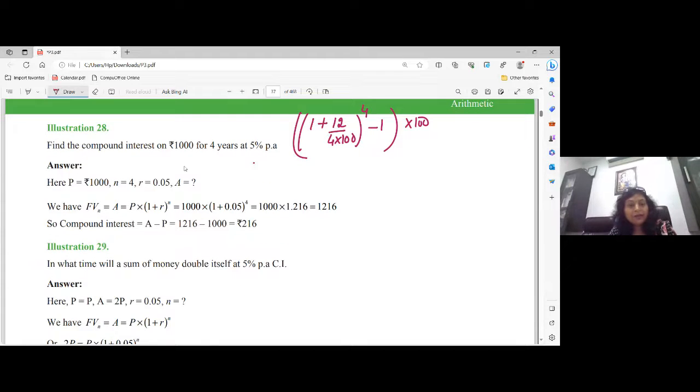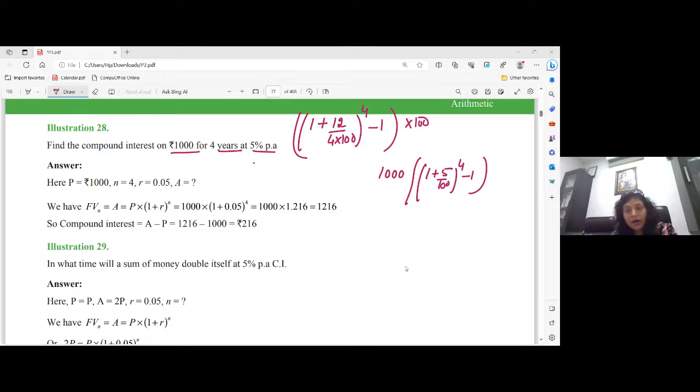Now let's do a few questions. Find the compound interest on 1,000 for 4 years at 5% per annum. So 1,000 is principal. Compound interest rate is 5% per annum for 4 years minus 1. Now this is the formula for compound interest. Through this formula you can directly find it. Otherwise you can find out compound interest as amount minus principal.